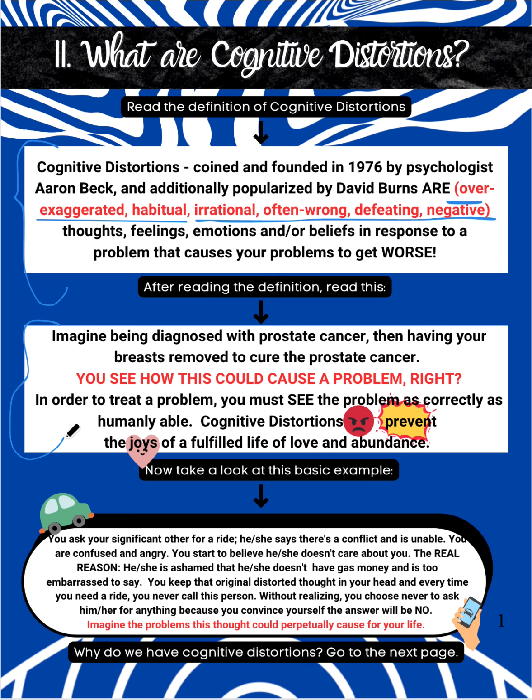You've got a problem and you aren't addressing it the way that it should be. It's like the prostate cancer and removing your breast, it's off. Cognitive distortions do nothing but prevent the joys of a fulfilled life of love and abundance.